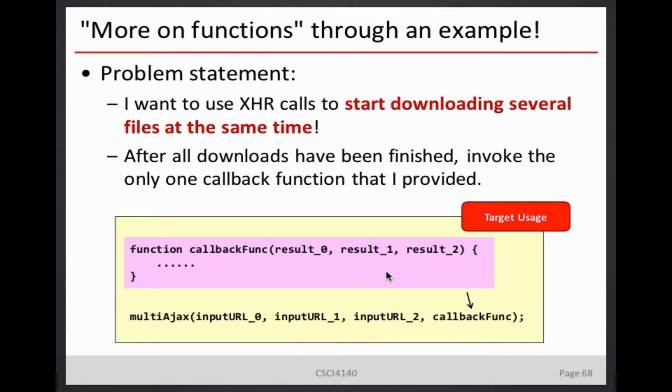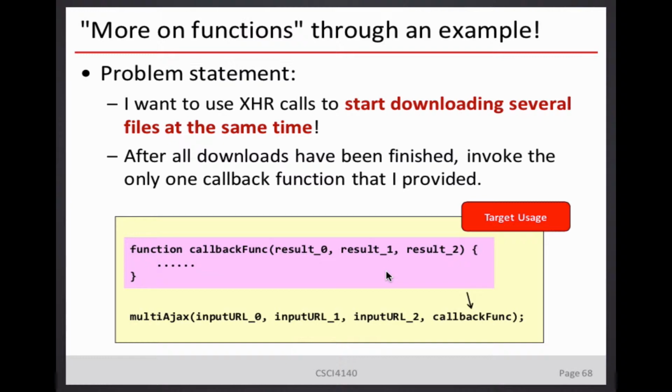Now, what is the problem? This seems to be no problem, right? I can hard code doing a loop, waiting for the three guys to finish, then try to execute the callback function. Now, this is not my original purpose. My original purpose is I don't care how many inputs there are. You can put in 10 URLs and one callback function.